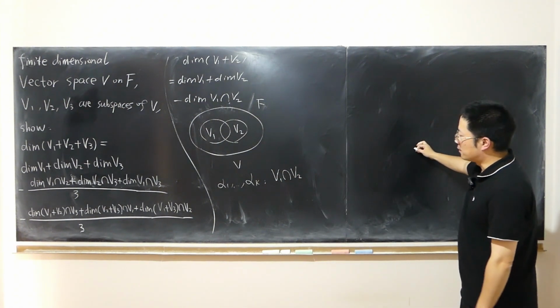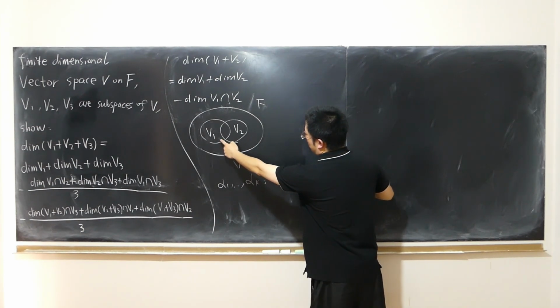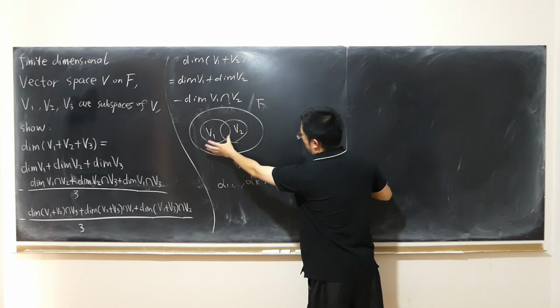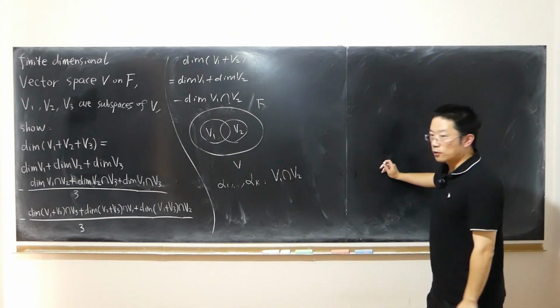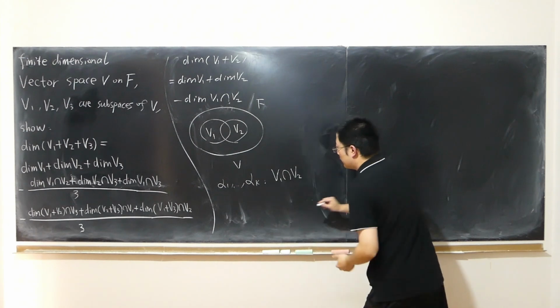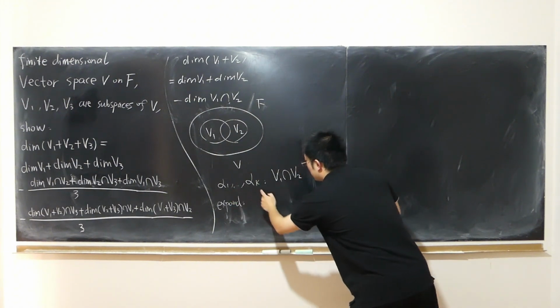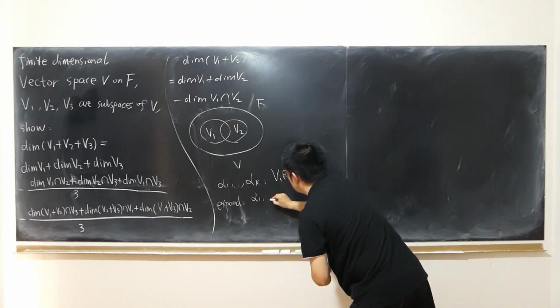Then of course we want to deal with V1. We want to find the basis of V1. According to the Steinitz substitution theorem, we can always expand the alphas.